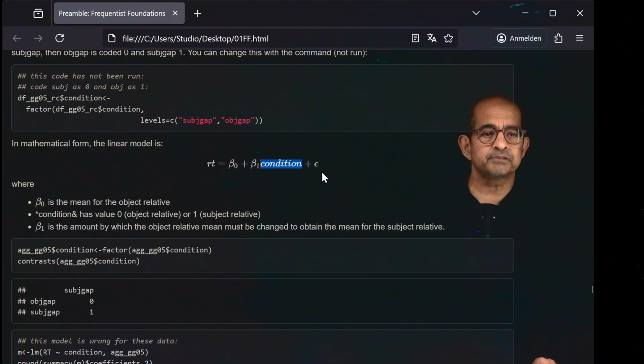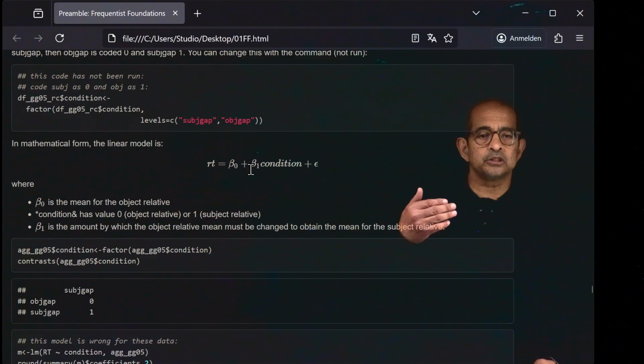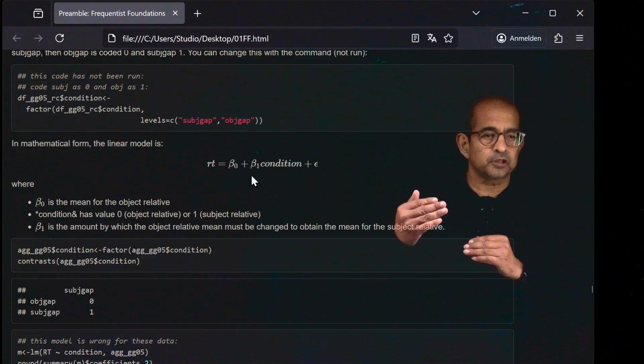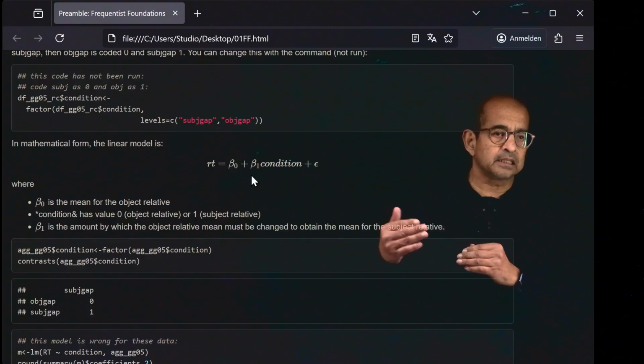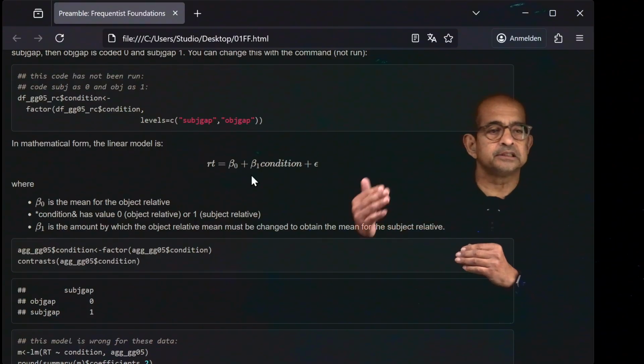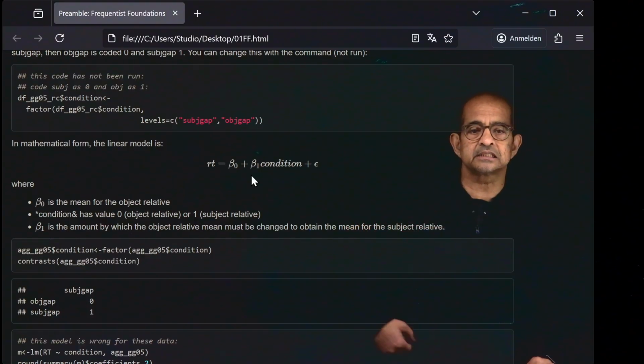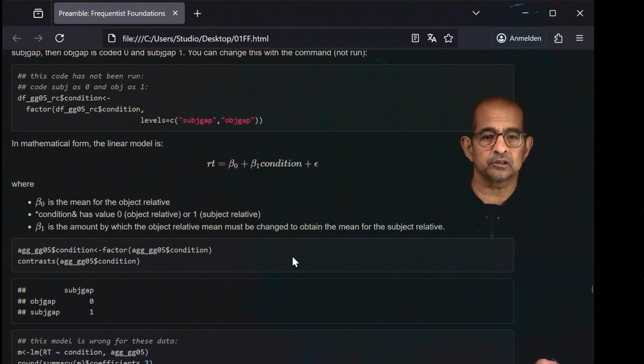The mean of the epsilon term here, the expected mean, is 0. Therefore, the expected reading time for the baseline condition, which is coded 0, is the estimate for the intercept parameter. The slope parameter then is telling you the additional processing cost or reading time cost of reading the treatment condition, right? So that's the meaning of the intercept and slope in treatment contrast coding.